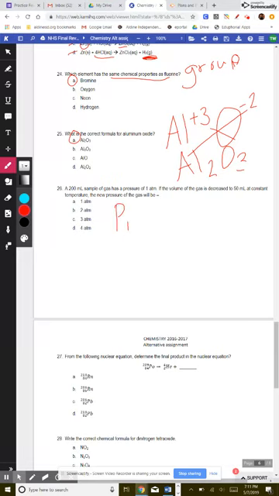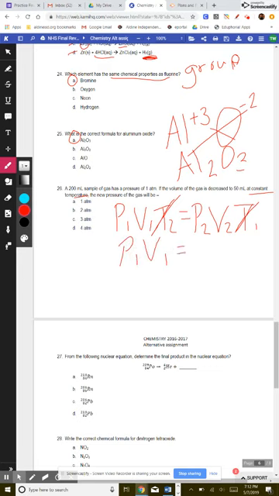So our formula is P1 V1 T2 equals P2 V2 T1. Now it says constant temperature, so I get to cross out T. Okay, so my formula is P1 V1 equals P2 V2.